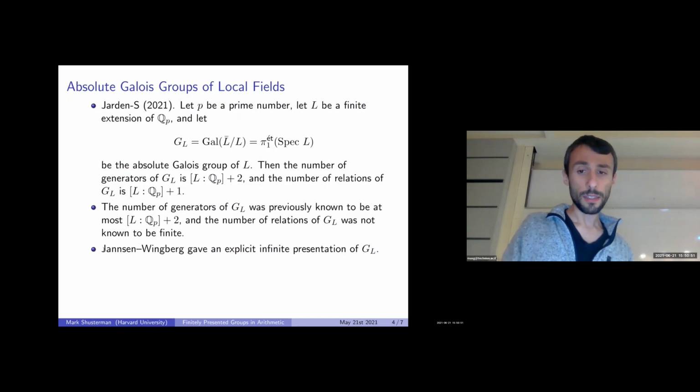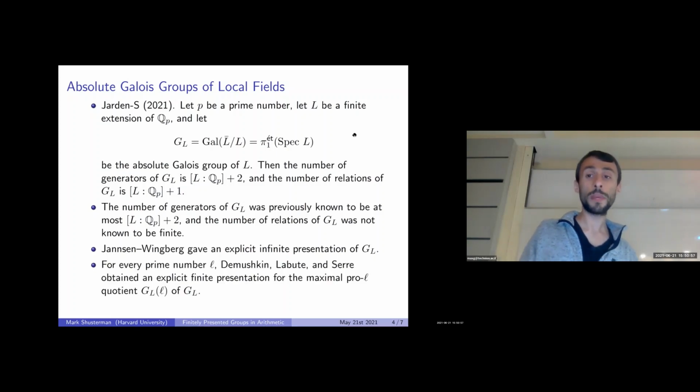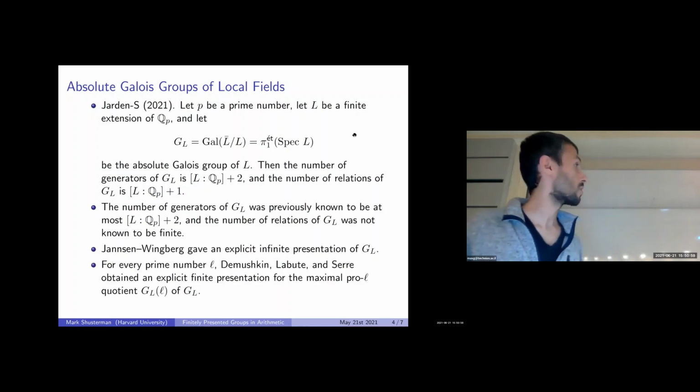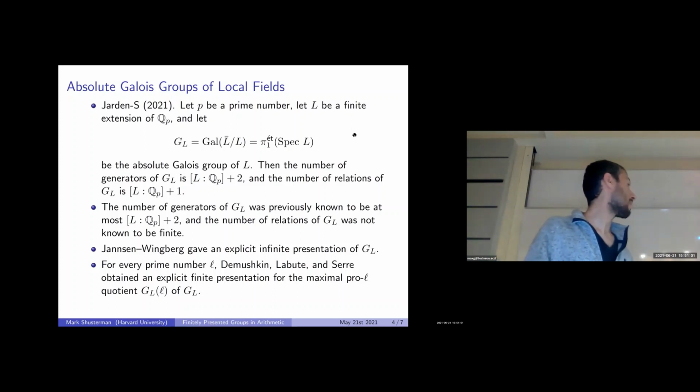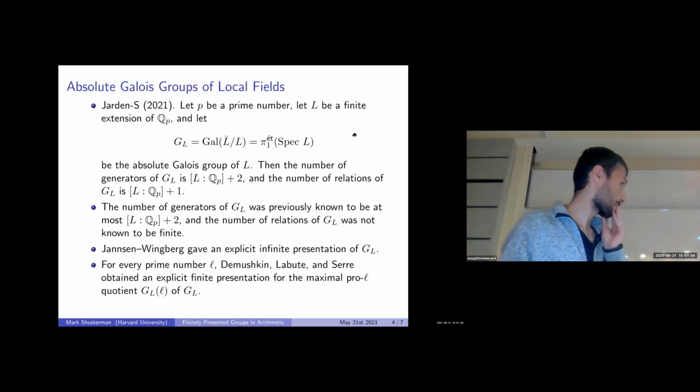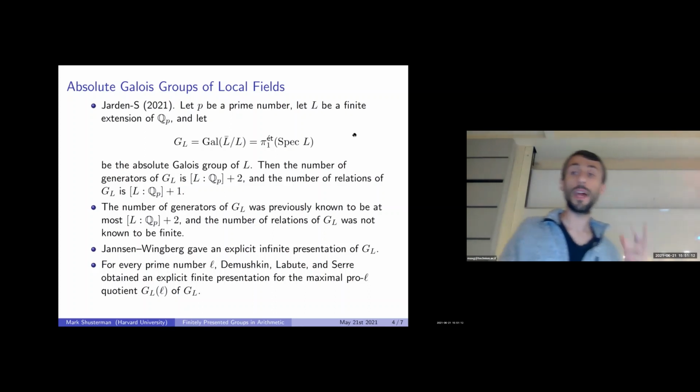All right, and okay, so I went over some of these previous results. Another previous result that I should mention is works of Demushkin, Labute, and Serre, who were able to treat not the entire group, but certain pieces of the group. So you can take your group and take the l part.